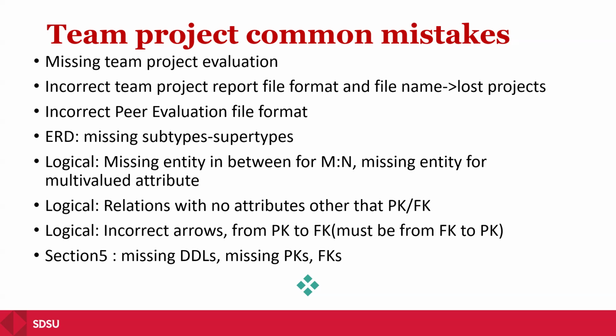This way your project is not going to get lost, and you all will know what you're working with. Another common mistake is incorrect peer evaluation file format. People don't include an evaluation of themselves. This is very important. That gives me a good idea of how you assess yourself. Usually self-assessments match peer assessments, but there are also outliers. So make sure to include this too.